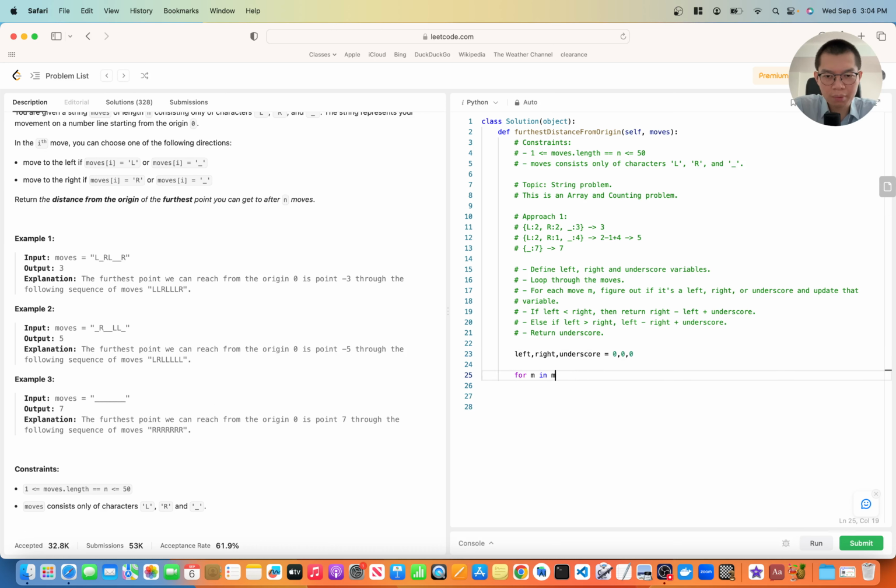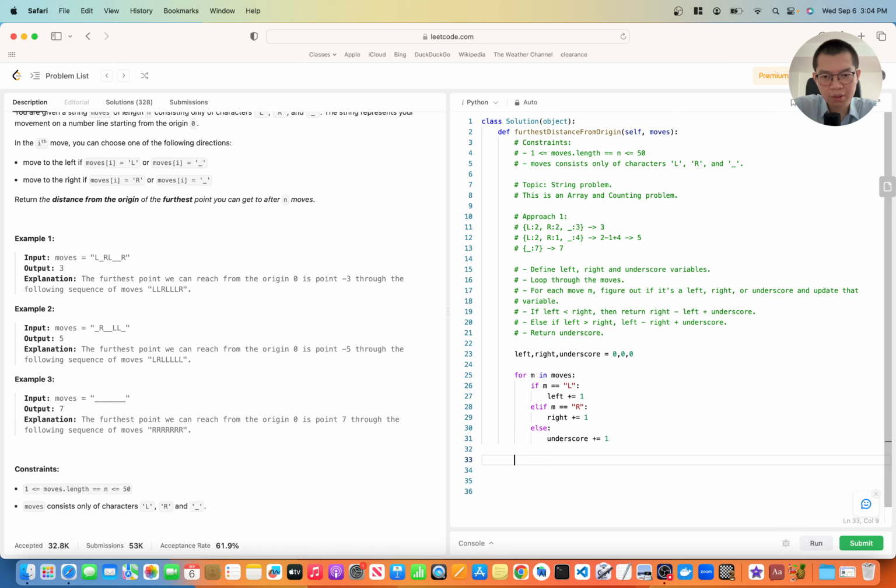For m in moves, if m equals L, left plus equal 1, if m equals R, right plus equal 1, else, you know that it's an underscore, plus equal 1. Okay, so that gives you the frequencies of all the moves, and you store them in these three variables, right?